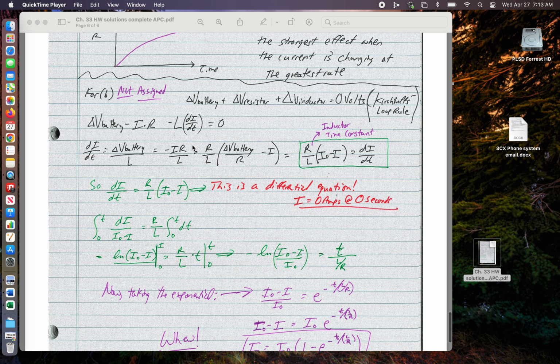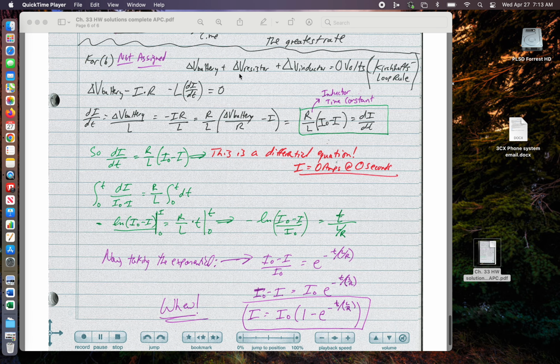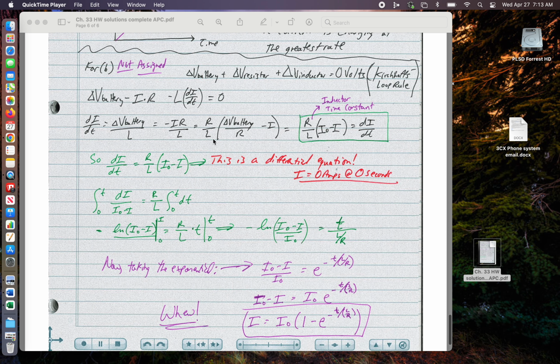Part B was not assigned, but I want you to take a look at this. This deals with Kirchhoff's loop rule, and it helps you think about how you could use calculus to find the expression for the current at any instant in time. And it says write your expression in terms of variables I0, which is the initial current, resistance, and inductance.